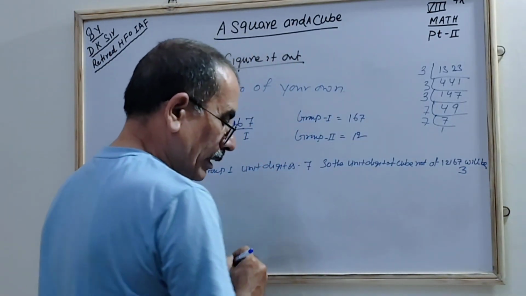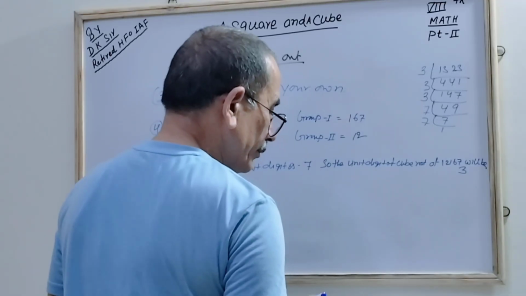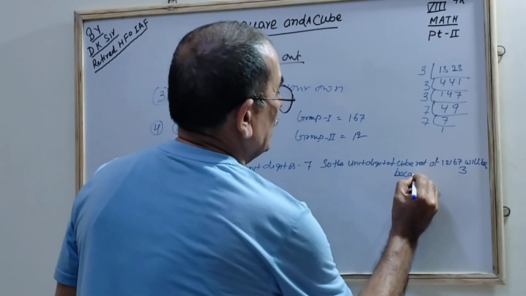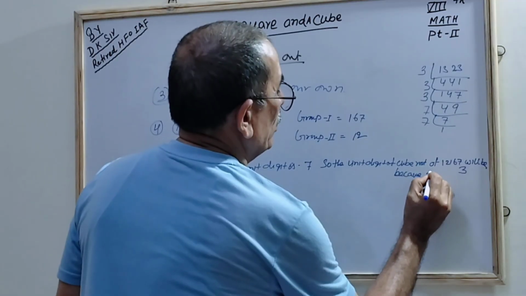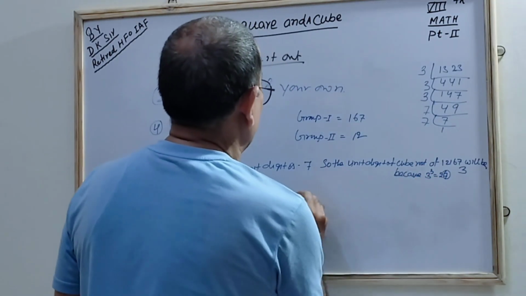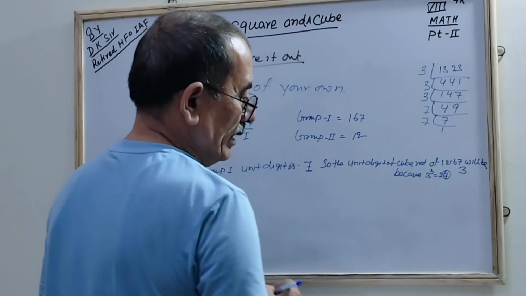Why is it 3? Because 3 to the power 3 is equal to 27, which ends with 7. And this also ends with 7.